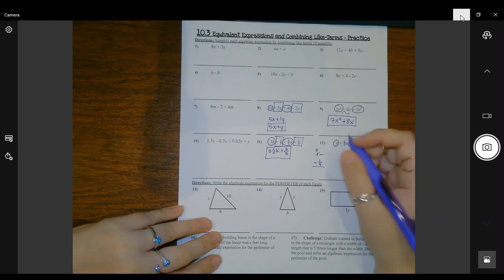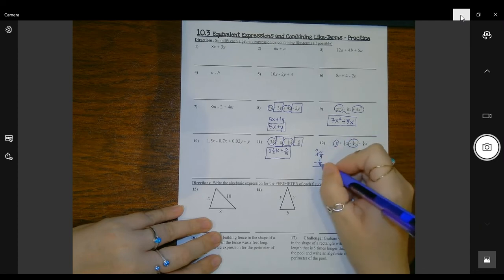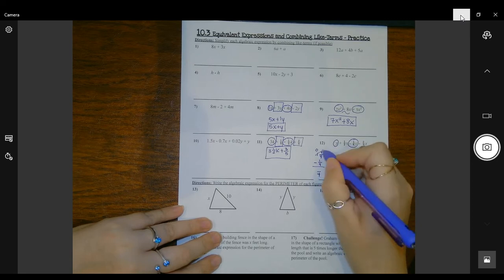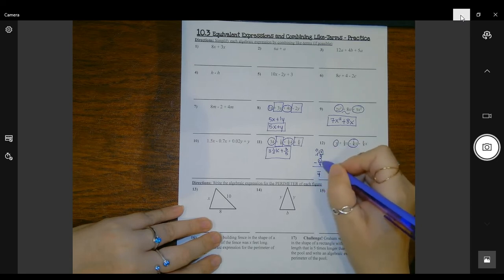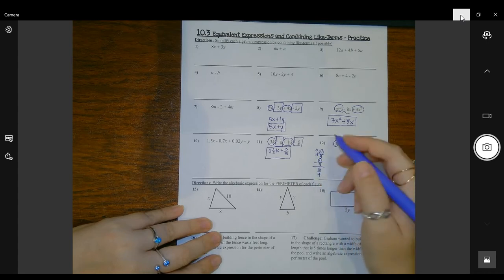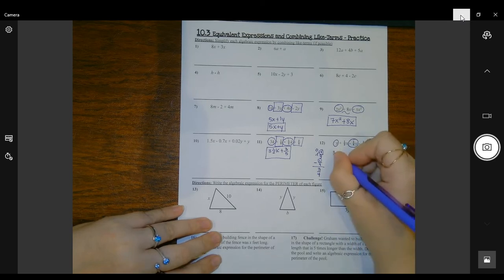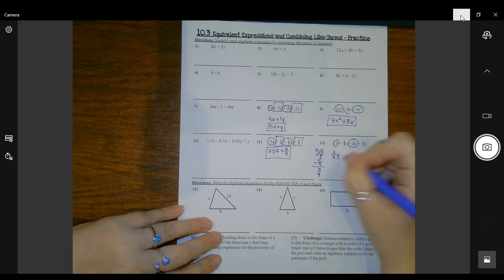What number should you pick? Hopefully you said 4/4, because we wanted them to get the same denominator, so they both have a denominator of 4, and then you just subtract the numerators. 4 minus 1 is 3, and 0 minus 0 is 0 for the whole numbers. So this becomes 3/4 for the y term.